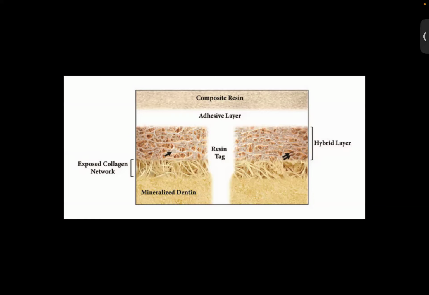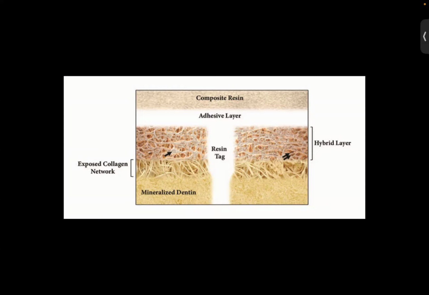Now, exposed collagen network, the one which you see on the left, is a result of demineralized dentine, which is a result of etching. Demineralization of this layer is going to expose the collagen network where adhesive layer is going to flow. And once we cure it, hybrid layer is going to form.